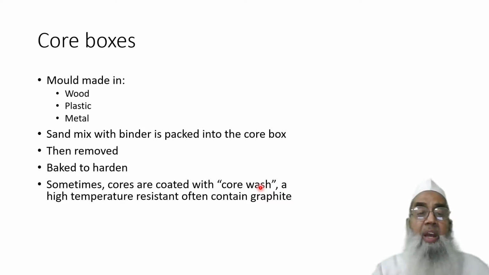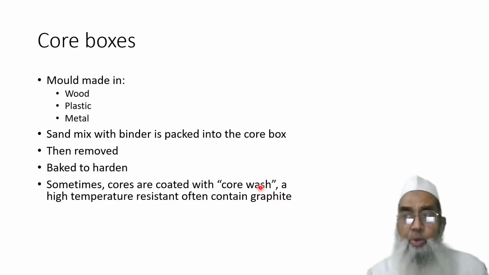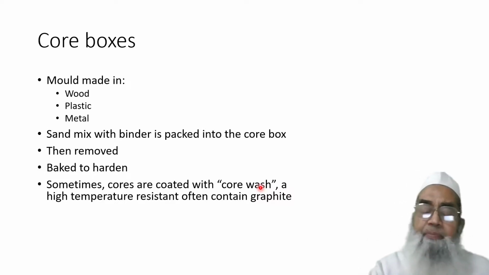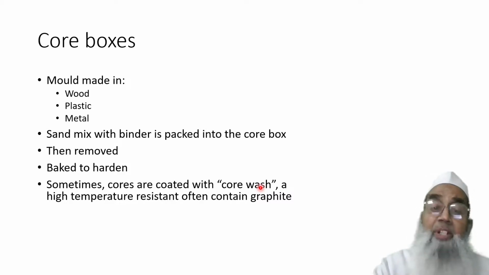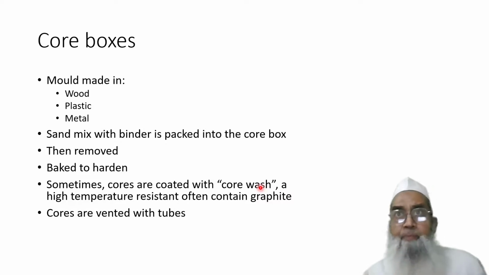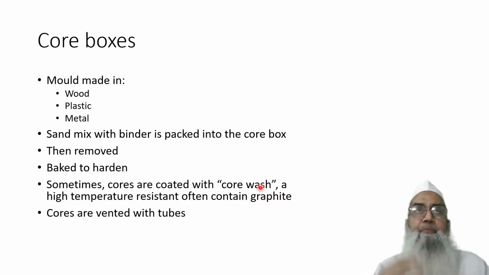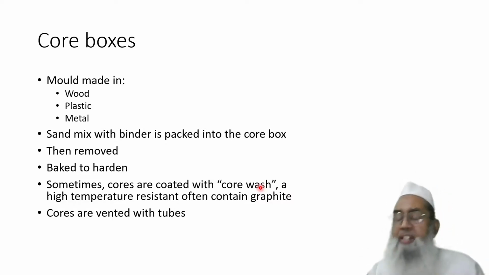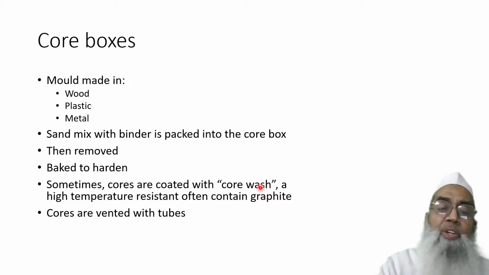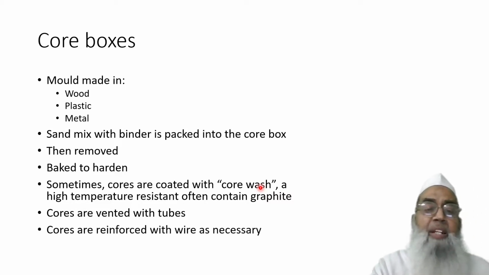A core wash is a high resistant material, often graphite, so that the surface of the core may not react with the molten metal. Cores are vented with tubes, so that if any gas is formed in the core, it is given a passage and can be vented out after pouring the metal.